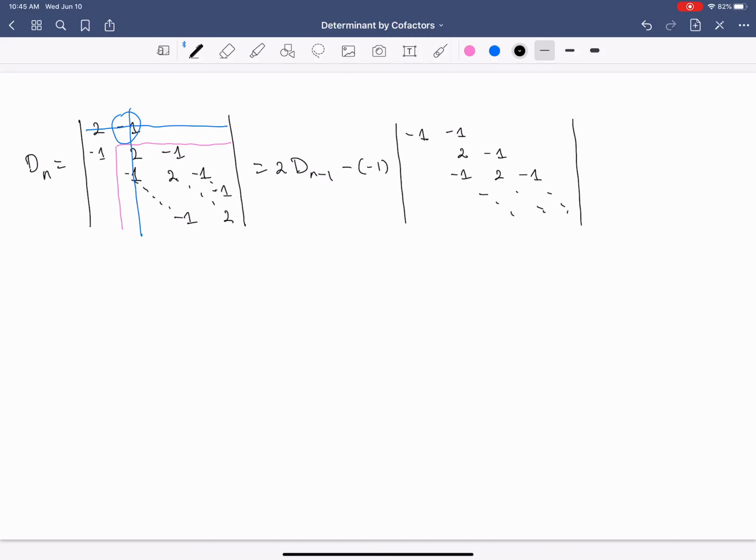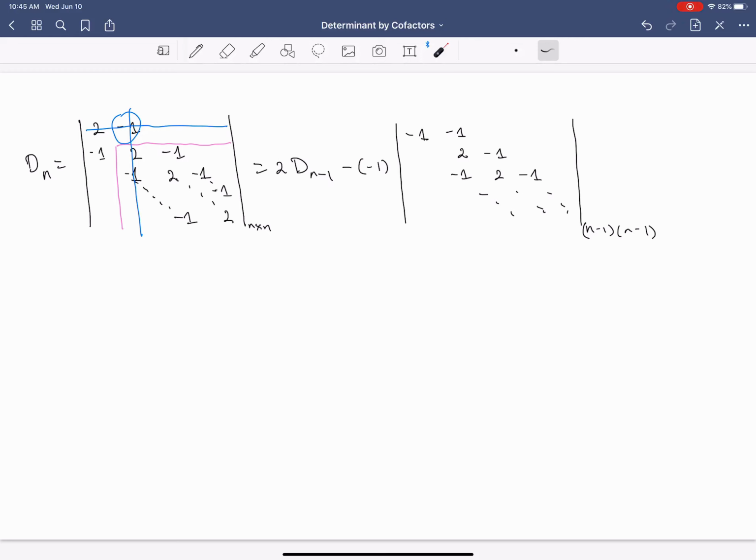So I know that this new matrix is of size n minus 1 by n minus 1 because I removed 1 row and 1 column from a matrix of size n by n. And so expansion along the first column in this matrix says that the determinant of this matrix is simply -1 times the determinant of that matrix.